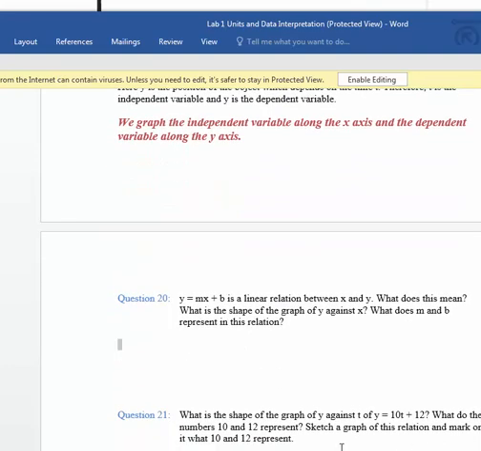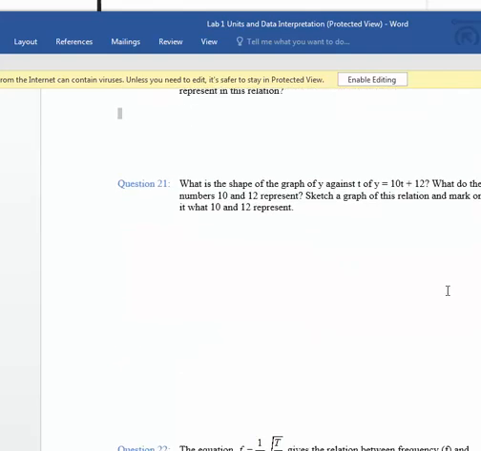Now, for example here, what is the shape of the graph of y equal to 10t plus 12? Now, sketch a graph. There is a difference between sketching a graph and drawing a graph. Now, drawing a graph, I have shown you how to use Excel to do a graph. Now, in this case, I have not asked you to do that.